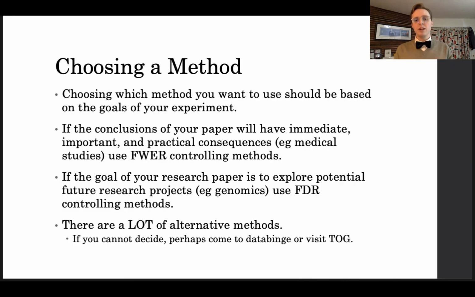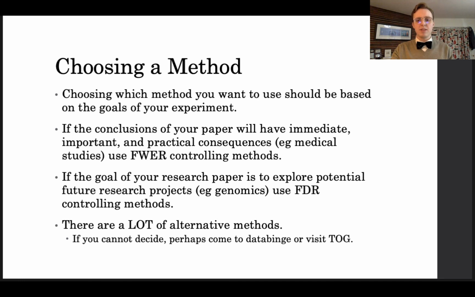So, now that we know of a couple of different methods, how do we choose between them? The bottom line is that choosing which multiple comparison method to use is entirely dependent on the goals of your project. If the conclusions of your paper will have immediate, important, and practical consequences, then you should probably try to be as conservative as possible.